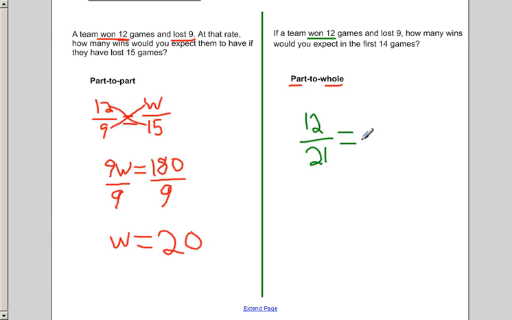And that should be an equivalent ratio to the number of wins that they would have in their first 14 games, total games. So that is the whole that we talk about here. And now we have to cross multiply again. So 21W equals 12 times 14. Let's see, 12 times 14.